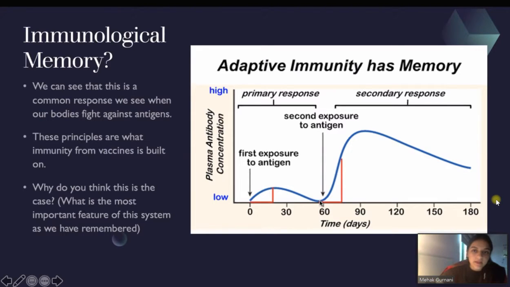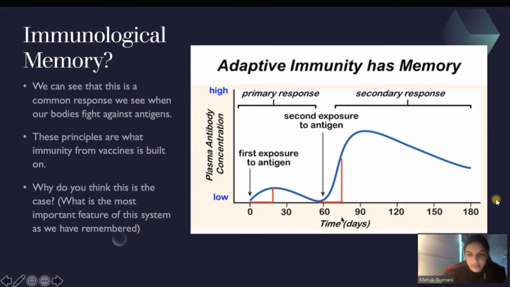But you can see the second time, maybe you caught the same pathogen or the same virus from a friend, the antibody concentration goes high up. It shoots up much faster. If you look at the steepness of the curve, it's much steeper, which basically means that your body responds to it so much more quickly.